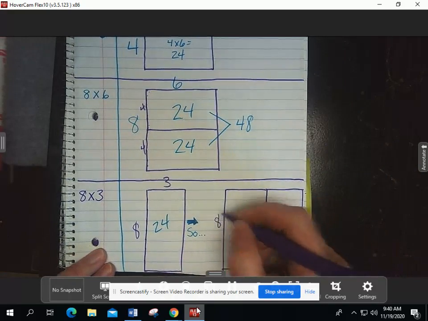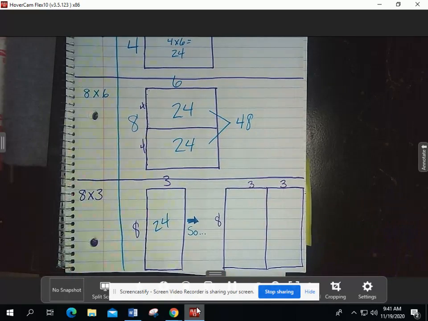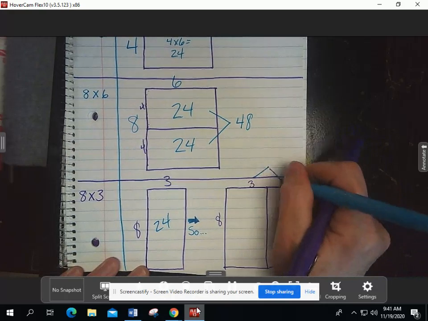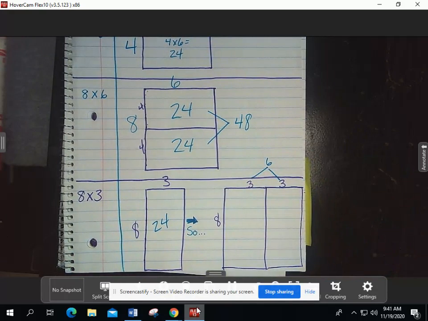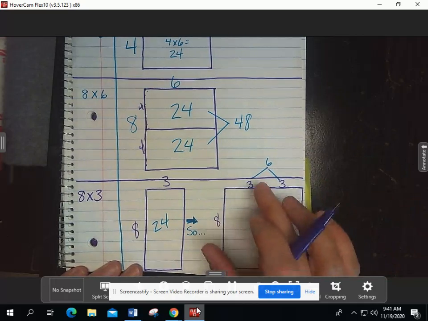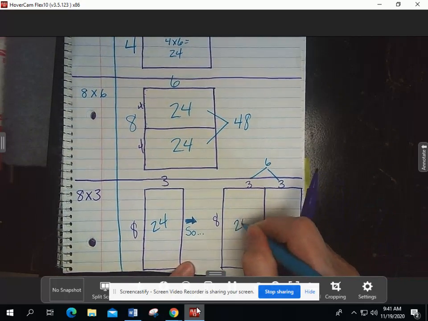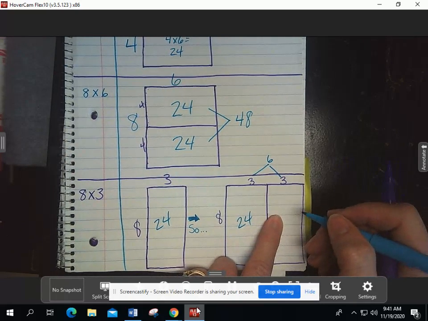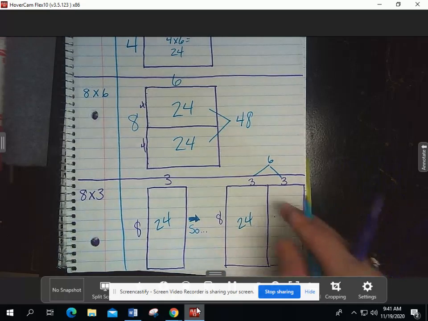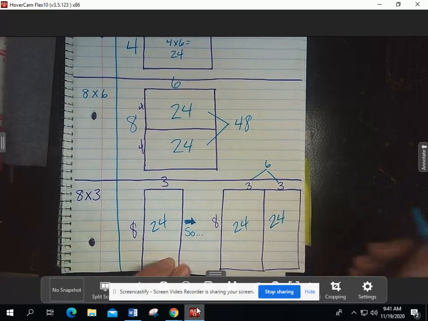So we have the 8, we have the 3, we have the 3. What is 3 plus 3? 6. What is 8 times 3? 24. And what is this one? 24.